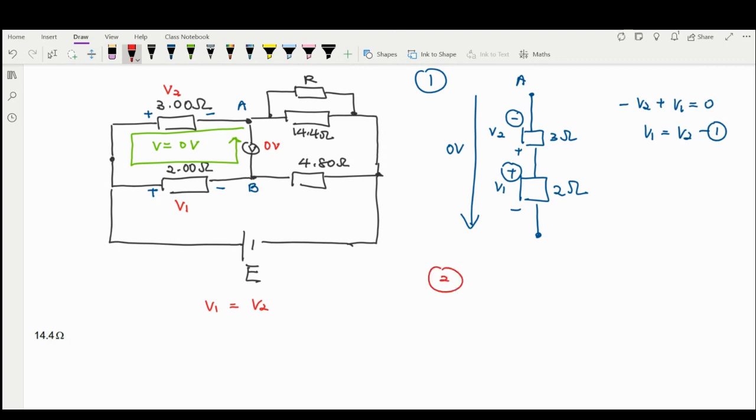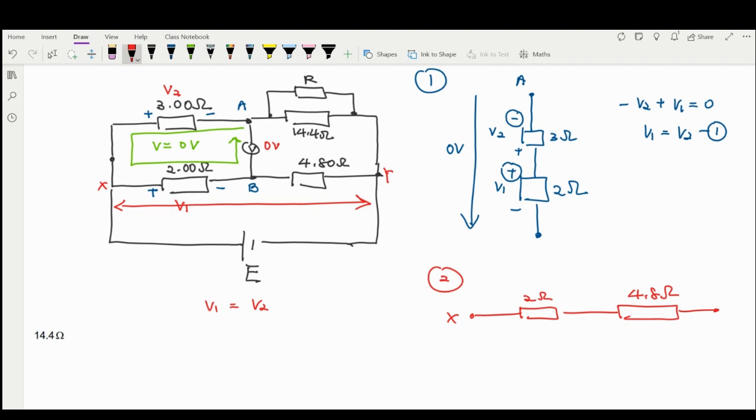The second step is to look at this branch here. Let the branch be X and Y. For the branch XY, you have 2 ohm here and another 4.8 ohm. They are in series.